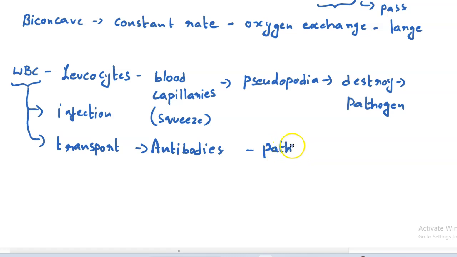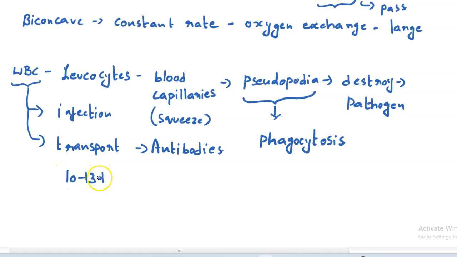WBCs that possess pseudopodia, that is amoeboid shape, are involved in phagocytosis. That is, they phagocytose the pathogens. These leukocytes live for 10 to 13 days as they lack nucleus. And they can squeeze through the blood capillaries and destroy the pathogen present at the site of infection.